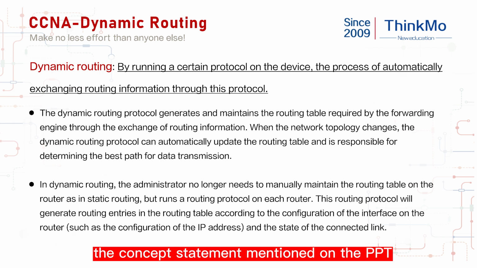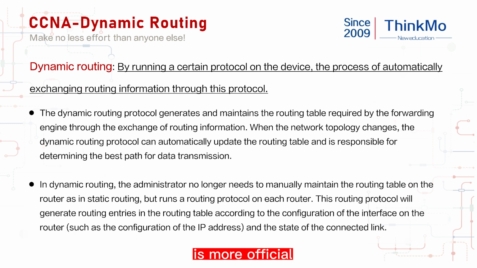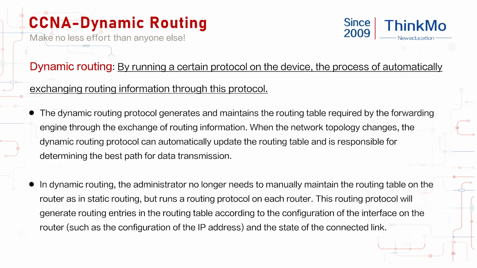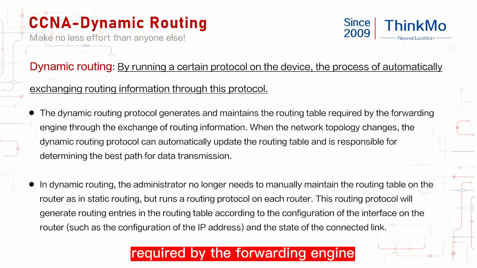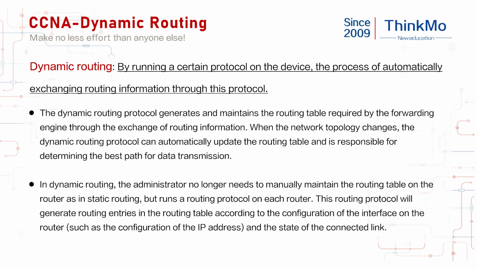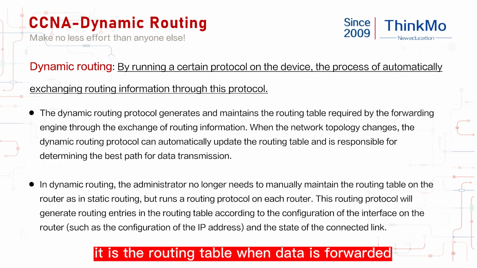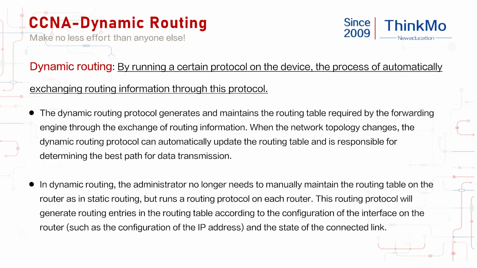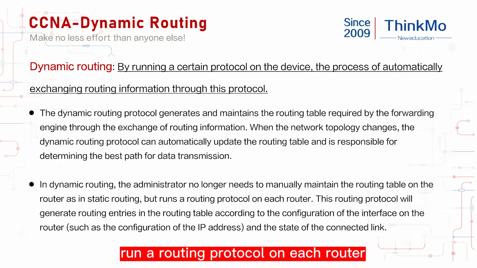The concept statement on the PPT is more official: routing information is exchanged interactively, generating and maintaining the routing table required by the forwarding engine, which is the routing table used when data is forwarded. Admins don't need to maintain it manually like static routes. Run a routing protocol on each router.